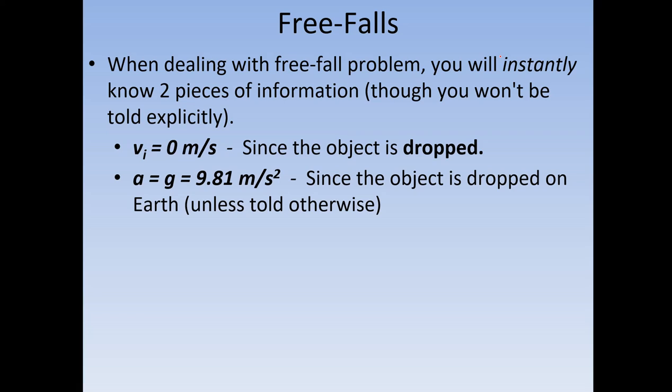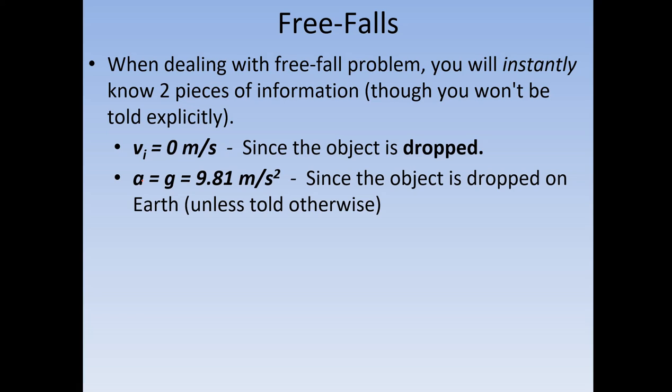The reason I point this out is because when you first look at a free fall problem, you're probably only going to be given one piece of information: a height, a time, a final speed. And at first, you might not think that you have enough pieces to actually answer the problem, to figure out what equation to use. But the whole idea is that these are two more pieces that you automatically know based off the wording.